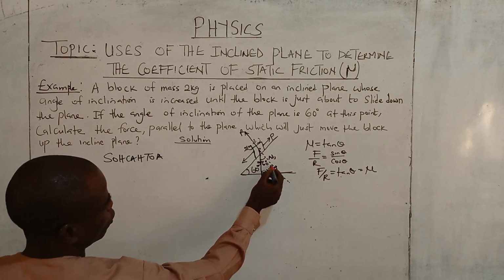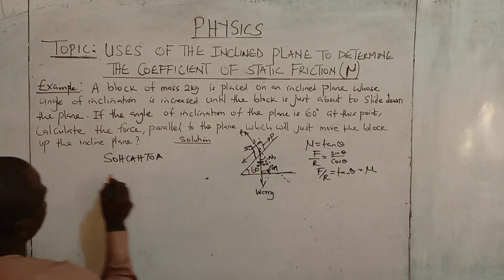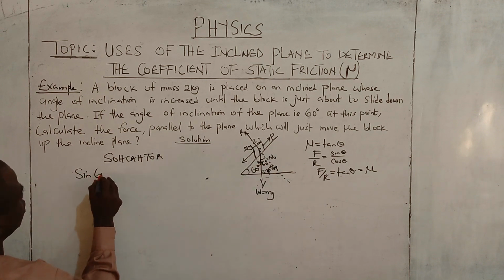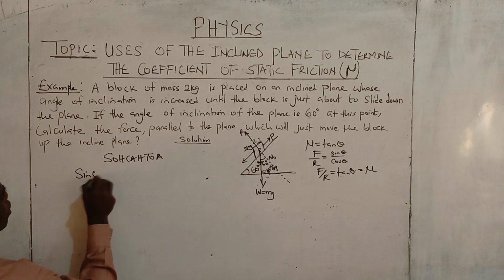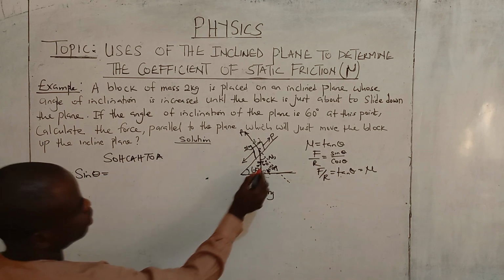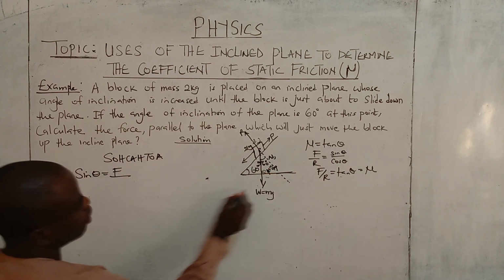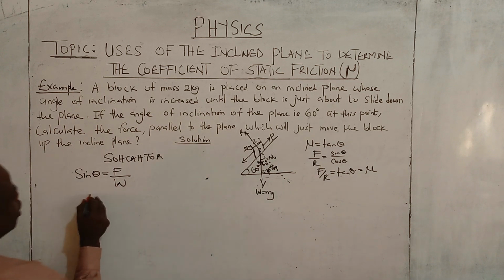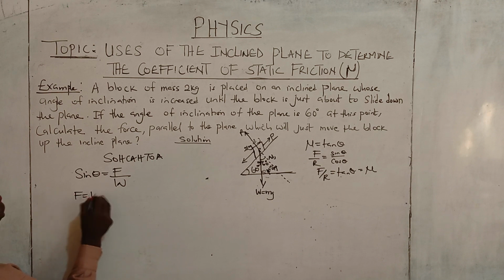To get the limiting friction force toward the side, that's sine theta, sine of the 60 degrees. Let's leave it as theta first. Sine theta equals opposite, which is F, over hypotenuse, which is W. Now F equals W sine theta.